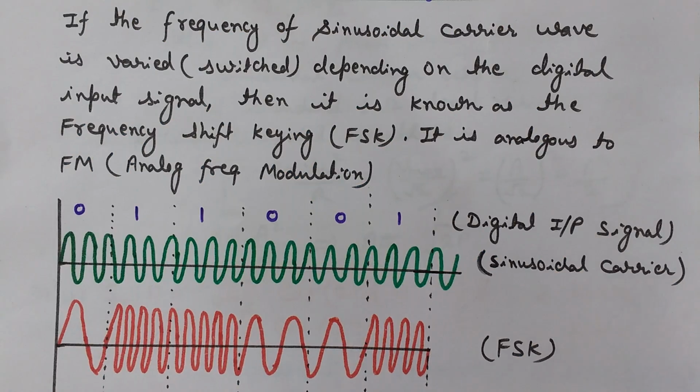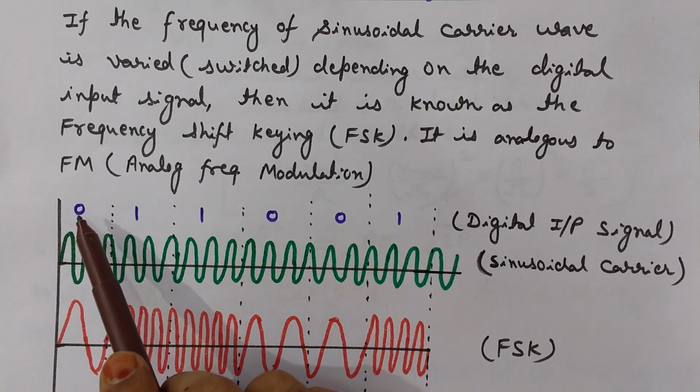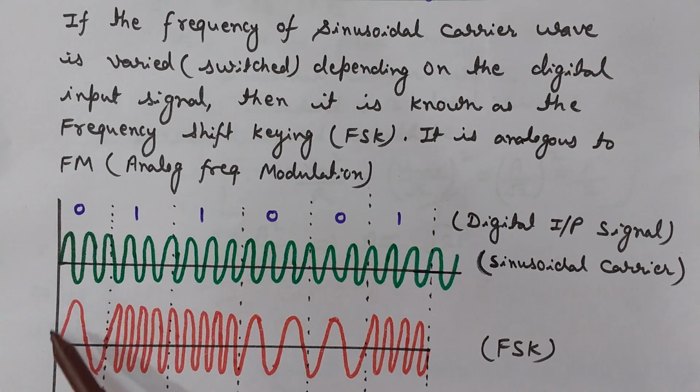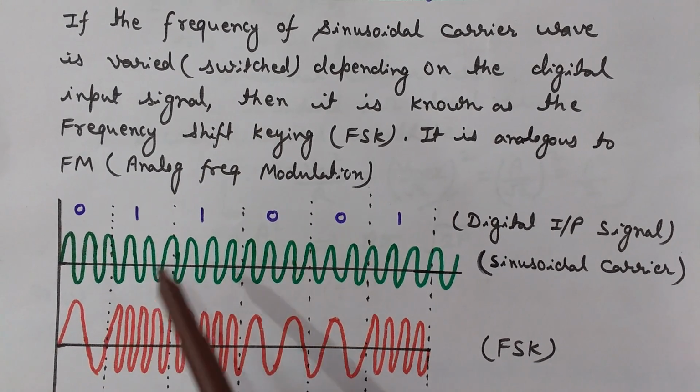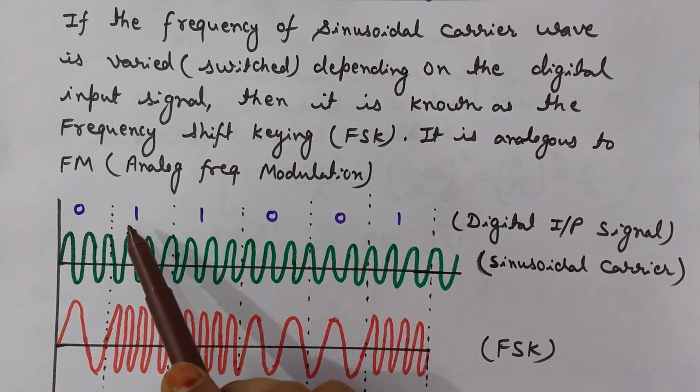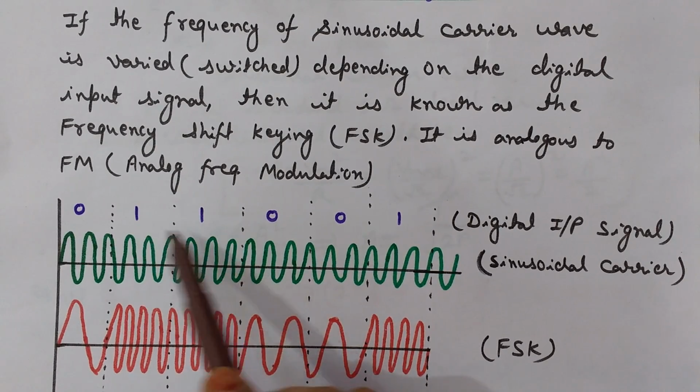You can understand this concept of FSK from this waveform also, because here it is 0 and we can see that the frequency is low. What is frequency? Frequency is how many cycles or wavelengths pass per second. You can see here that these two inputs are 1 and 1 in the digital inputs.